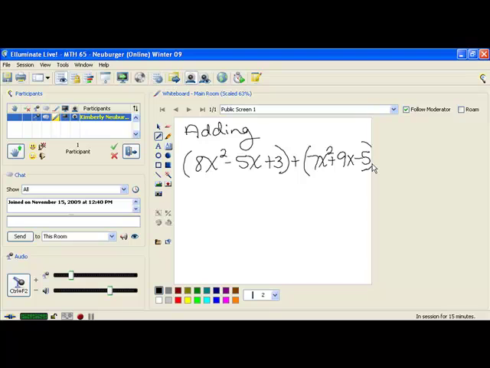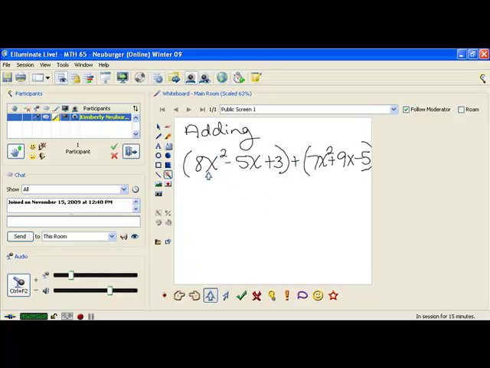Now I'm going to show you two different ways to do the same problem. You can choose whichever method you like the best. So the first method that we're going to do is what I kind of call the crossing out method. Basically what you do is, since we know our answer has to be in descending order, we glance through all of the terms for both of them because we are adding, and it doesn't matter what order you add in. And you find the highest exponent, and the highest exponent is a 2.